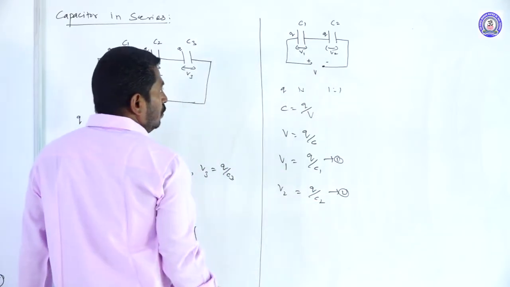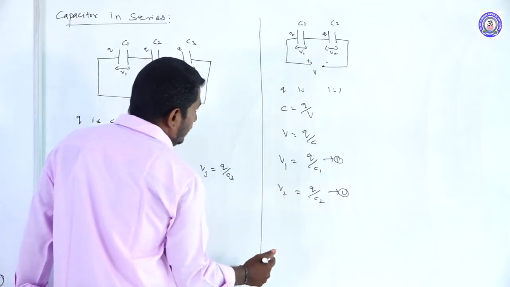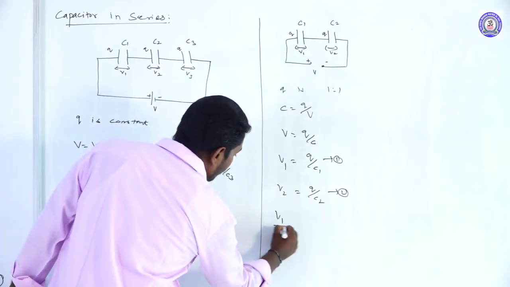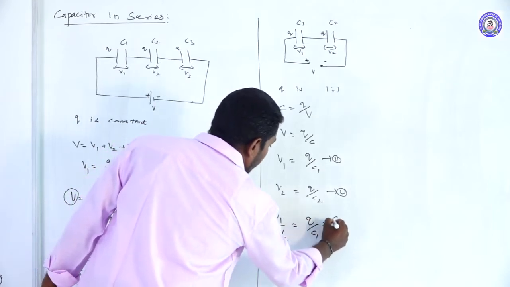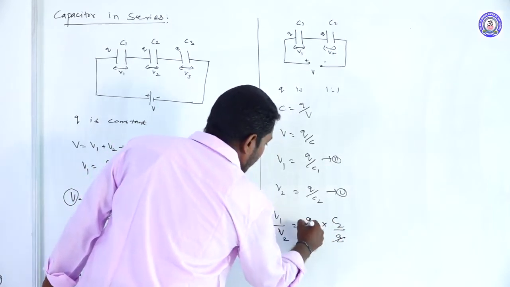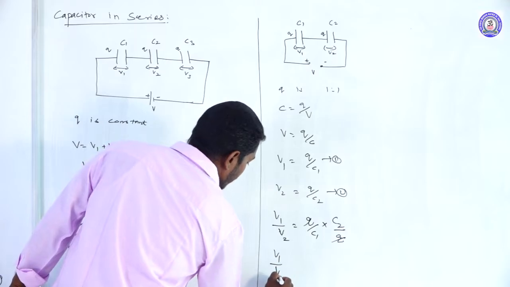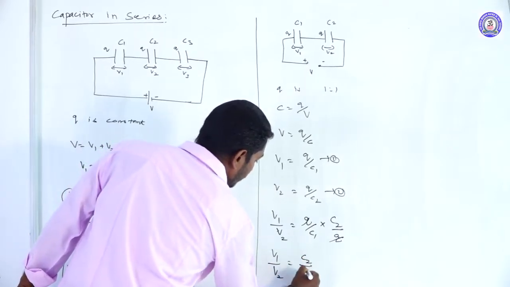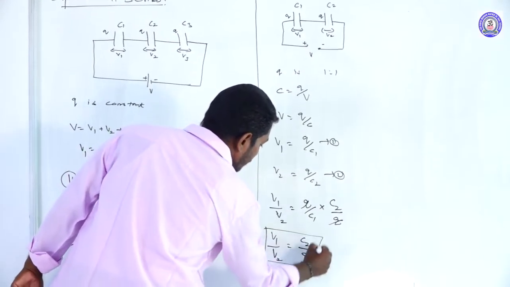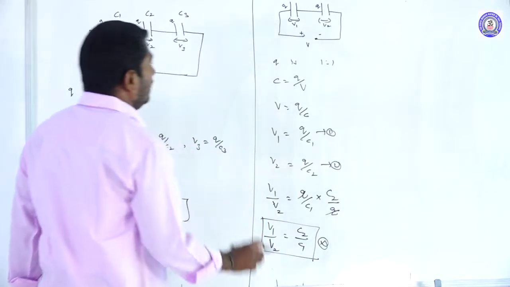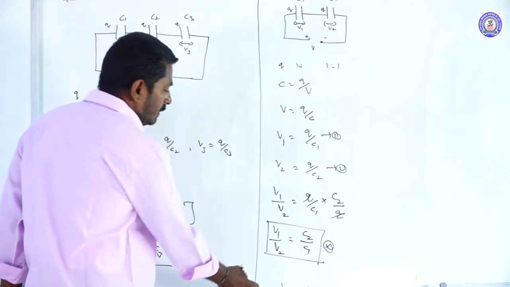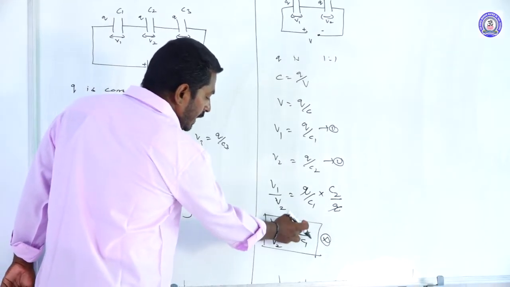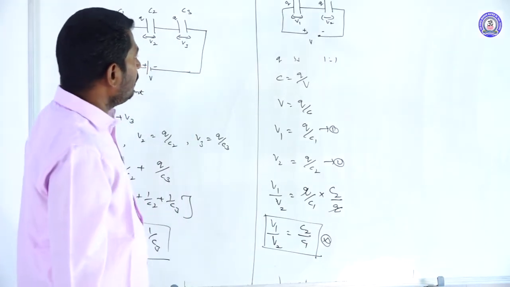Then our aim is to calculate the ratio of potential difference across the two capacitors. V1 divided by V2 is equal to Q divided by C1 into C2 divided by Q. Q gets cancelled. V1 divided by V2 is equal to C2 divided by C1. It is another important expression: the ratio of potential difference between the two capacitors in series combination is equal to C2 divided by C1.